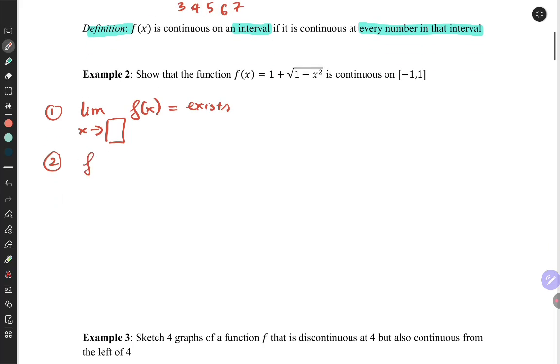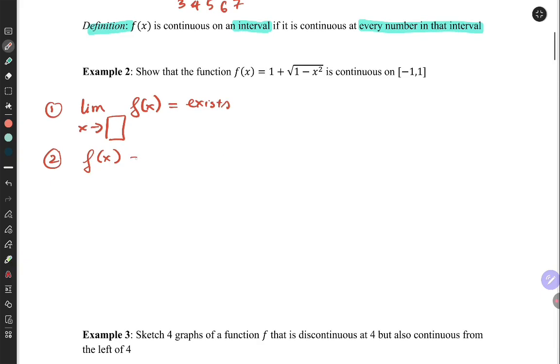Second, f of x also is defined. If I put the left-hand side and right-hand side, it's too complicated for you. How about I write it this way, one equals two. So let's make this one equal to this number two. If they exist and they equal each other, then you satisfy that condition.